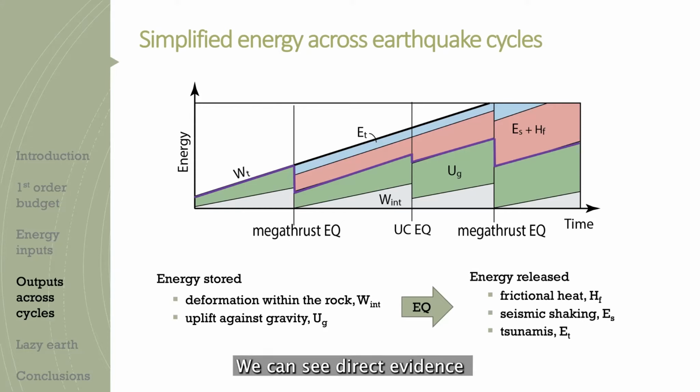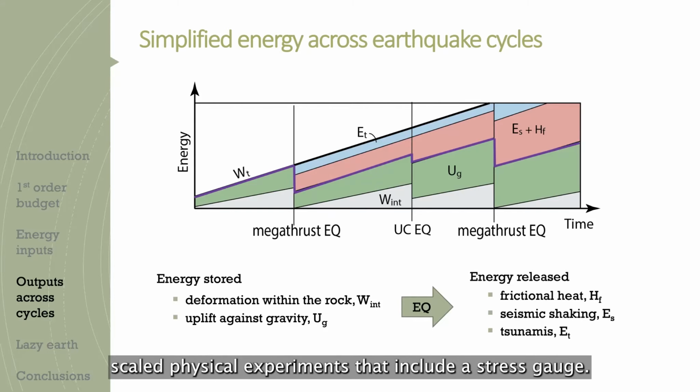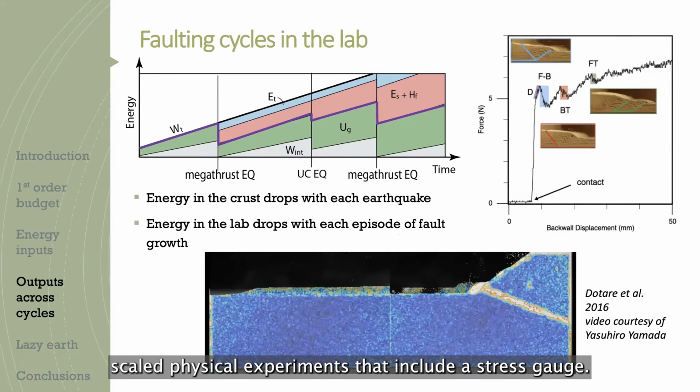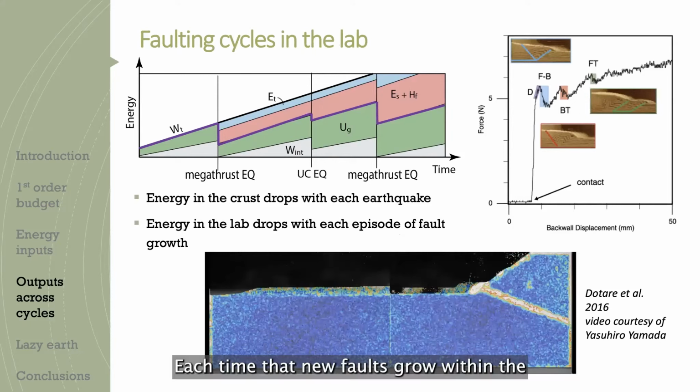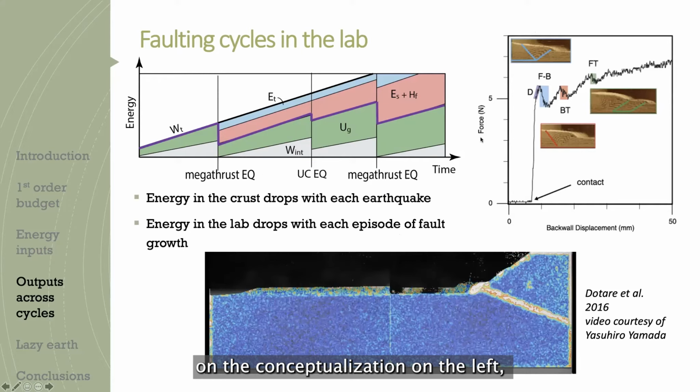We can see direct evidence of the changing energy available using scaled physical experiments that include a stress gauge. Each time that new faults grow within the accretionary sandpack, the force measured at the back wall drops. We see a similar drop in work with each episode of fault growth as with slip events on the conceptualization on the left.